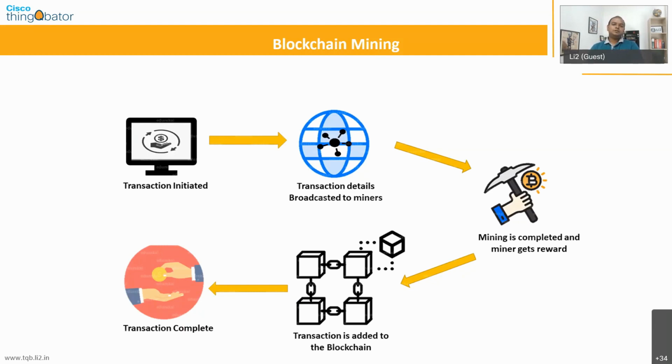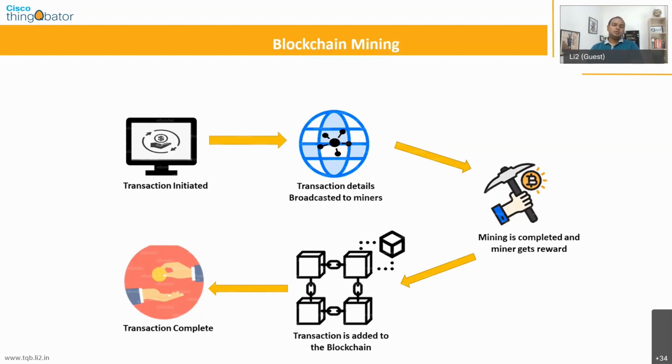Then, depending on the difficulty value in the network, these nodes start creating a nonce value, a numerical value which helps them create a hash. To put it more simply, it's a mathematical problem they have to solve to get the new block into the blockchain.